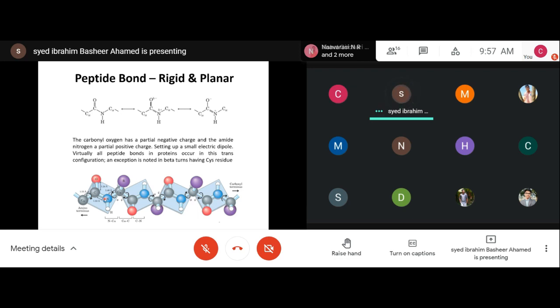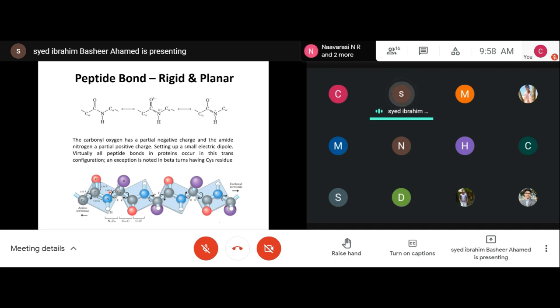So a trans peptide bond means all these four atoms, that is oxygen, carbon, nitrogen, and hydrogen, will be lying in the same plane. All four atoms make a planar structure. You have a C alpha atom here, and on this side you have a C alpha atom here. From C alpha to C prime, the carboxyl carbon, you have freedom of rotation.